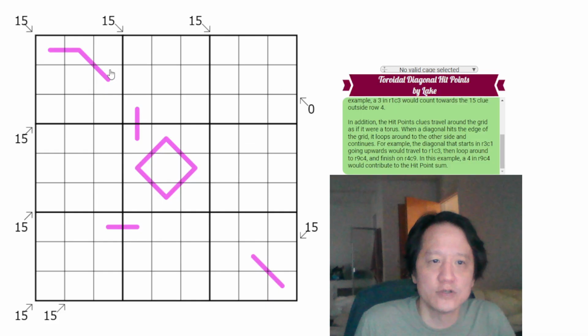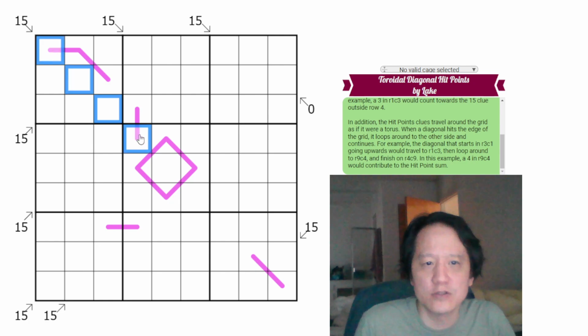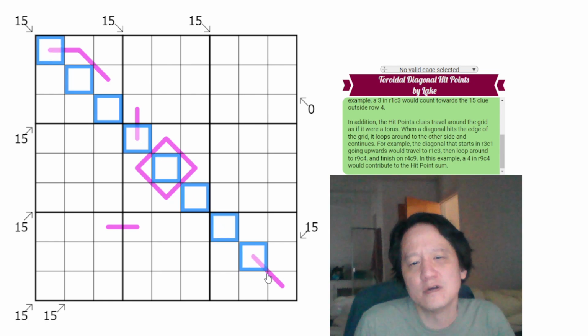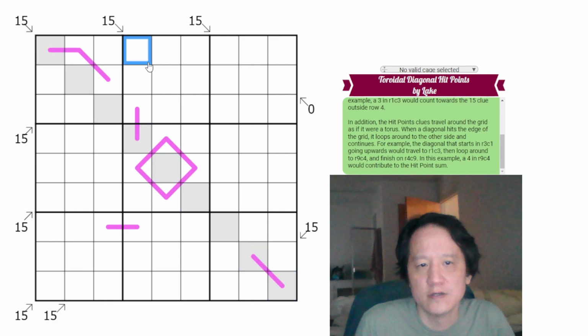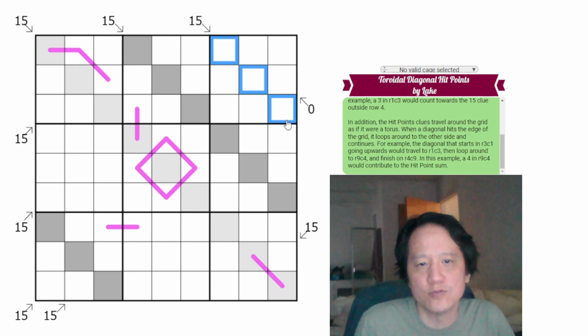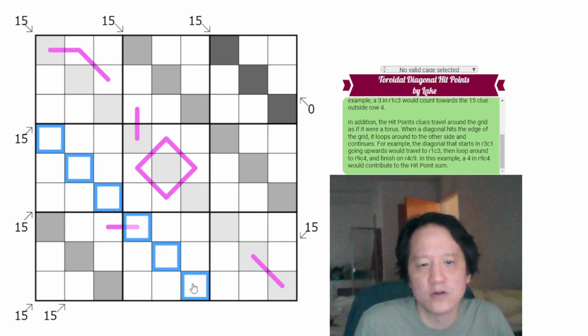Interesting. Okay, so maybe it's good to mark the toroid or the hit points values. How many do we have? 1, 2, 3, 4, 5, 6, 7, 8, 9. Okay, so I guess we'll do that then. So these are the colors. And then this would go over here. Then you have this one, which would go over to here.